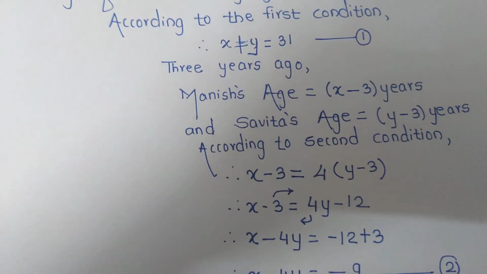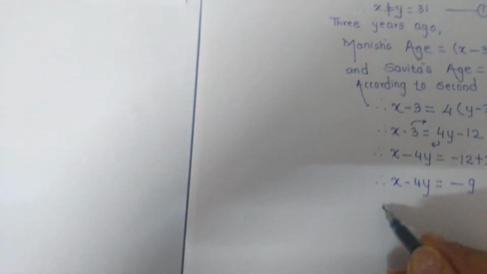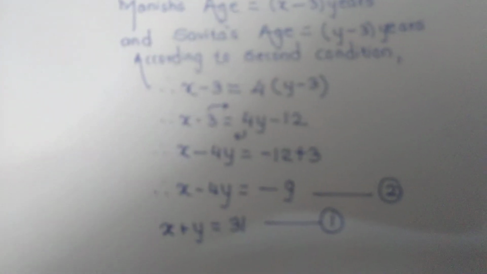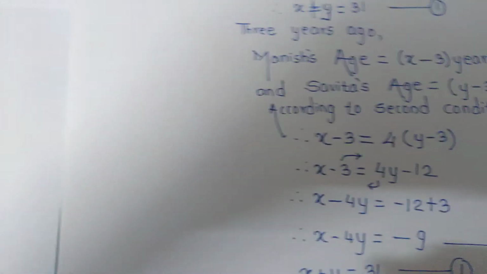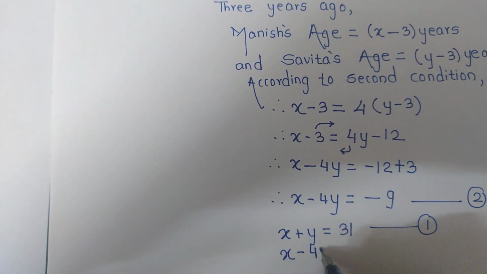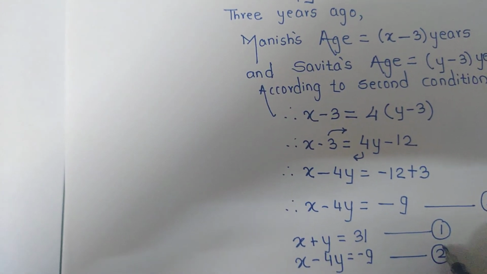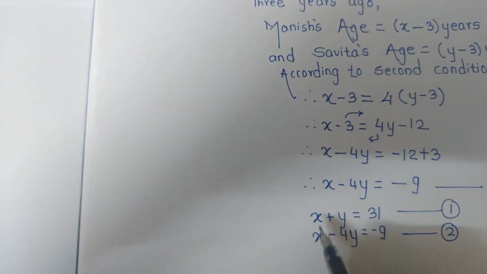Now to solve these equations, let us write both the equations one below the other. So our first equation is x plus y equal to 31. This is equation 1. And let us write the second equation below it. That is x minus 4y is equal to minus 9. Equation 2. Coefficients of x are the same.